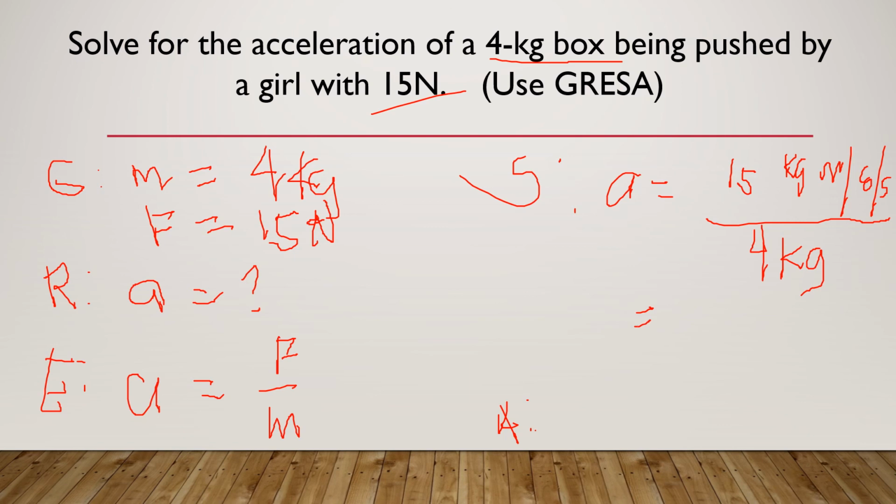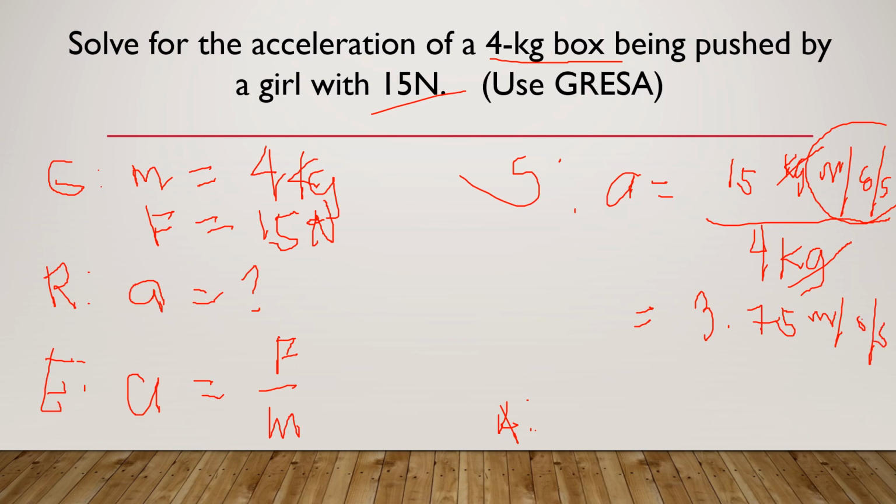Now, you need to divide 15 by 4. So, 15 divided by 4. Okay, the correct answer is 3.75. Since there are 2 units of kilogram, you need to cancel. And the remaining unit is meter per second squared.